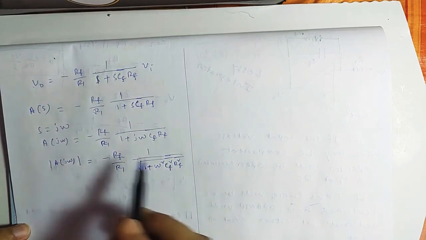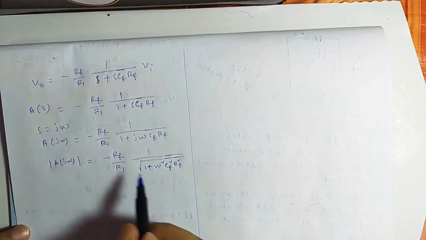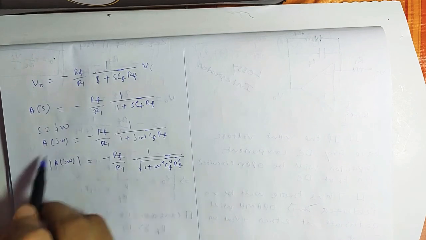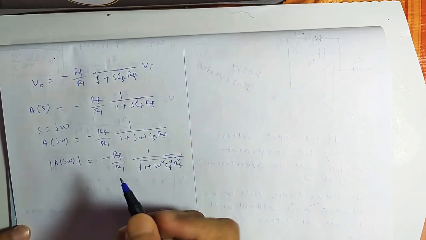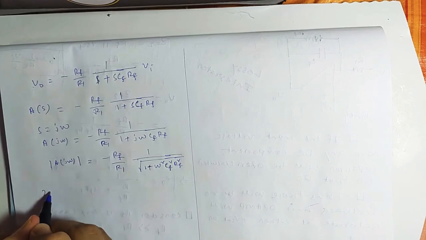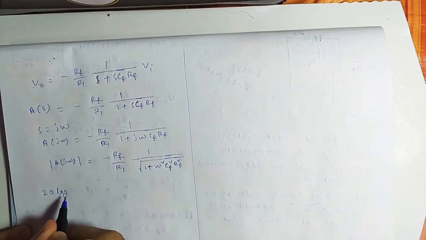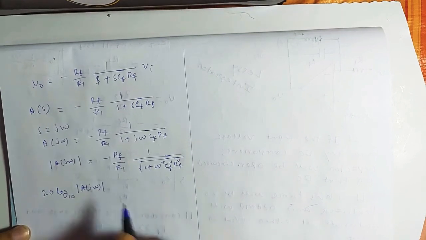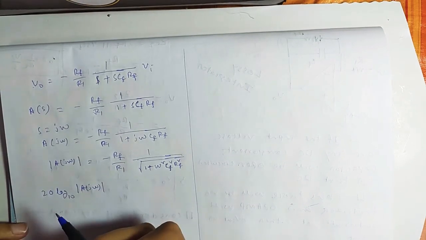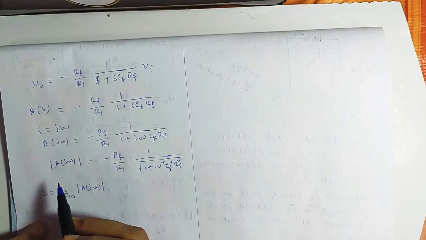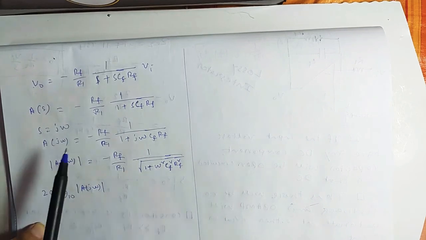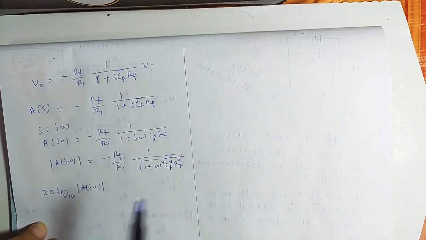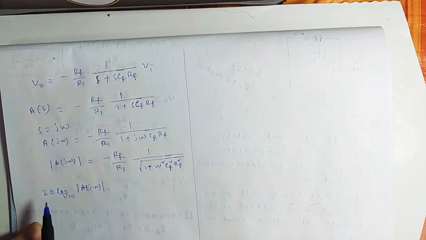So we'll take the logarithm of this, 20 log 10. Why are we taking 20? It is because A is the voltage gain, the ratio of two voltages. In case of power, it will be 10.